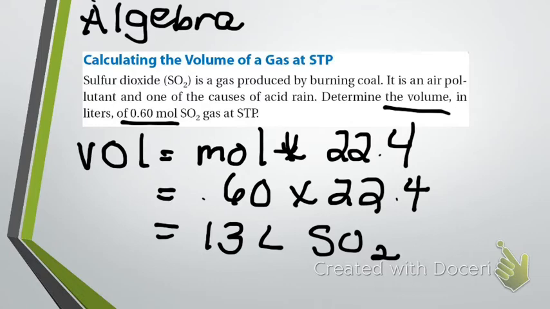That gives us 13 liters of sulfur dioxide. Same answer as last time. Double check yourself. Does this make sense? 0.6 of a mole is a little bit more than half. Is 13 a little bit more than half of 22.4? Sure enough. Good double check.